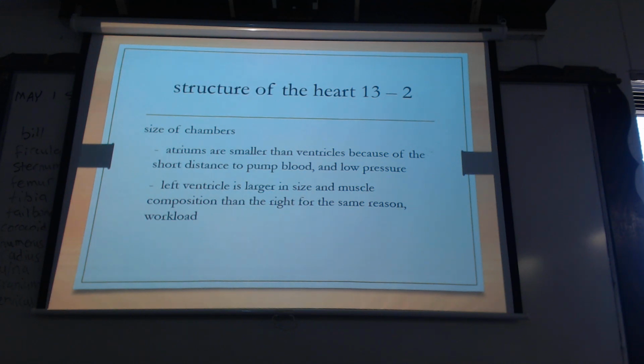Okay, so path of blood through the heart. One of the things that happens is the blood will not flow backwards, at least it's not supposed to. And that's why those valves are located within each chamber of the heart, to prevent that. One way to think about that is for anyone who's ever dealt with flooding in a basement.